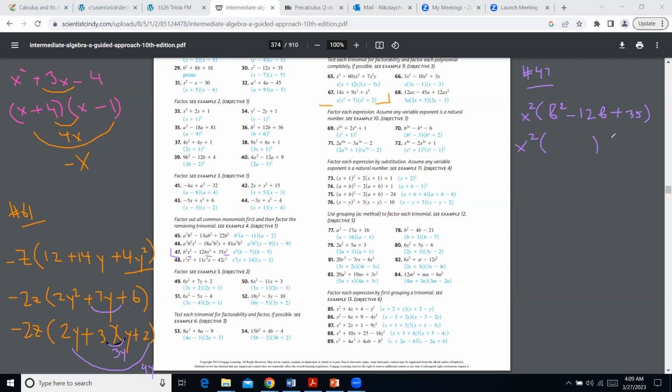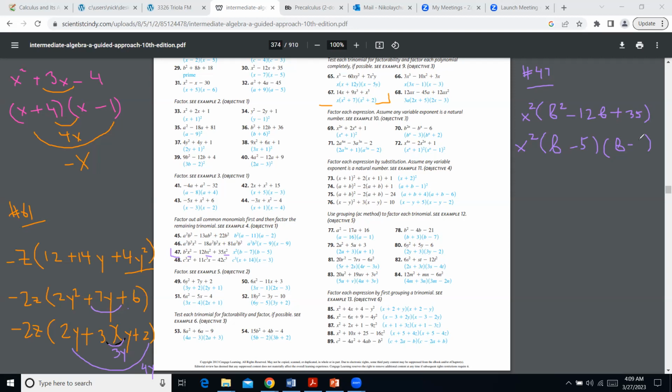Now we prepare the two parentheses, and the factors of b squared will be b multiplied by another b. Then when you think about factors of 35, it looks like it's 5 times 7, and they should both be negative.